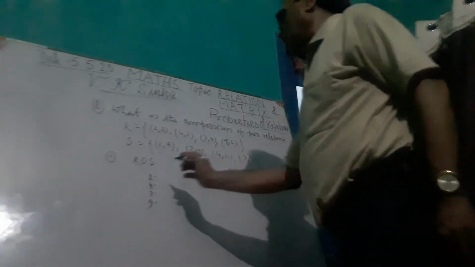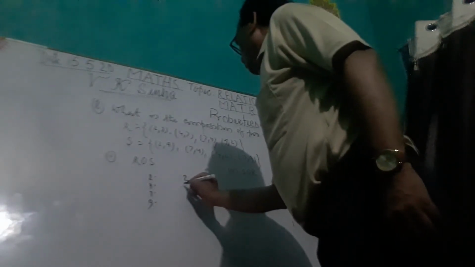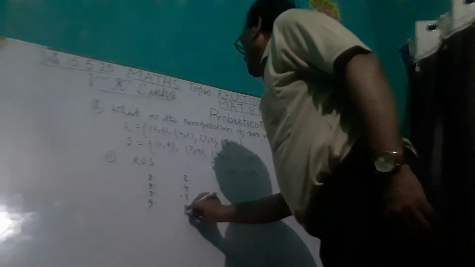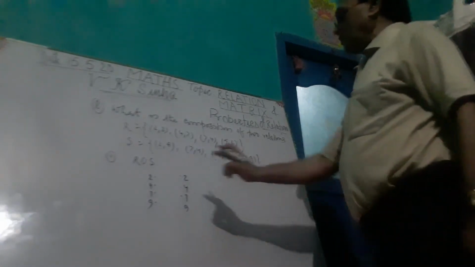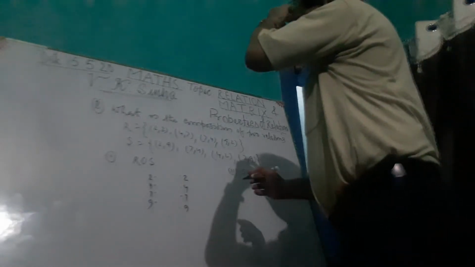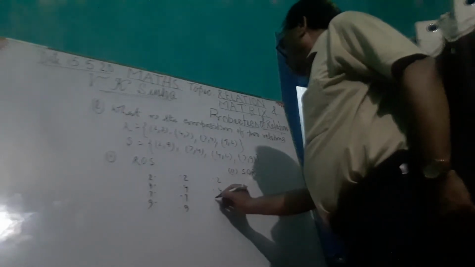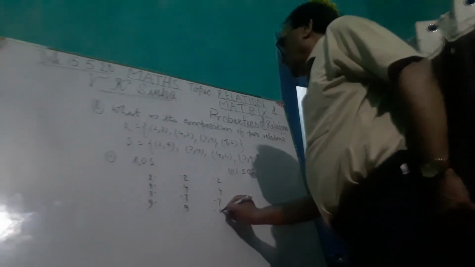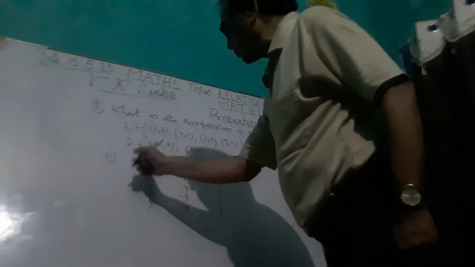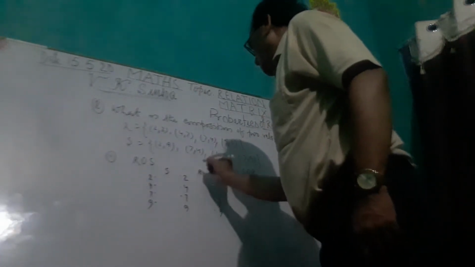Also here write 2, 4, 7, since here we only have the elements 2, 4, 7 in all. Also write here 2, 4, 7 and 9, and this is the composition relation of SOR. So write S first and R next.